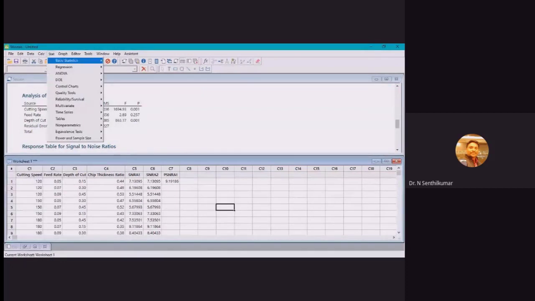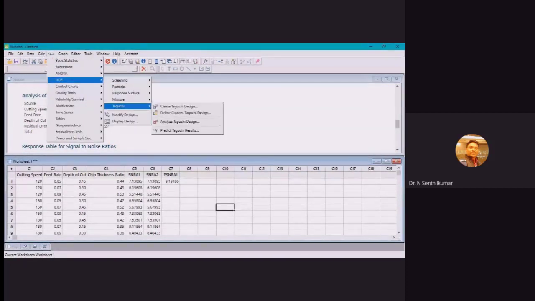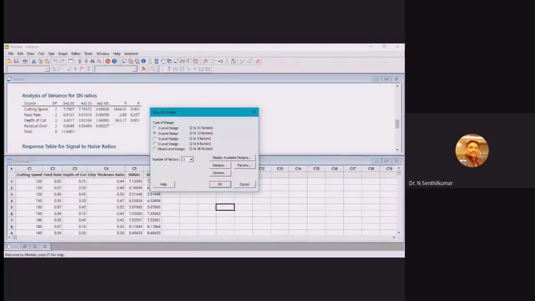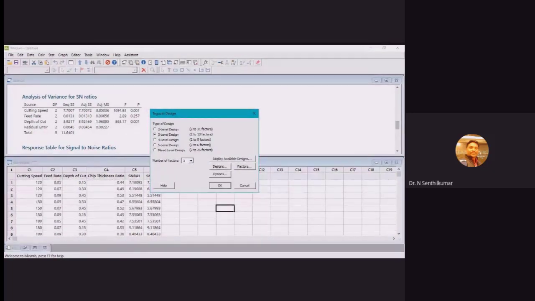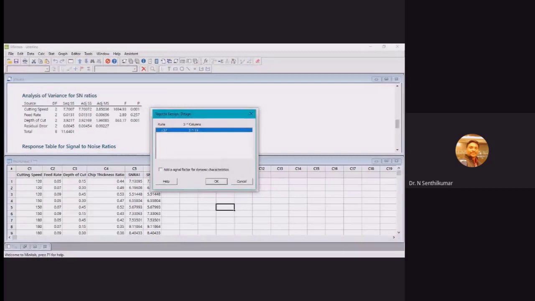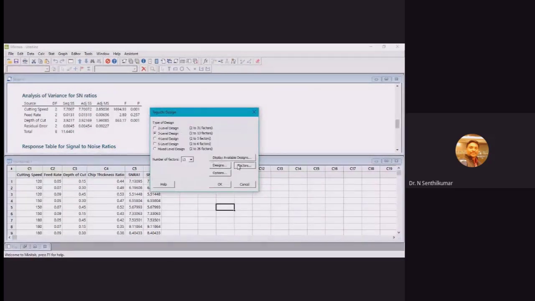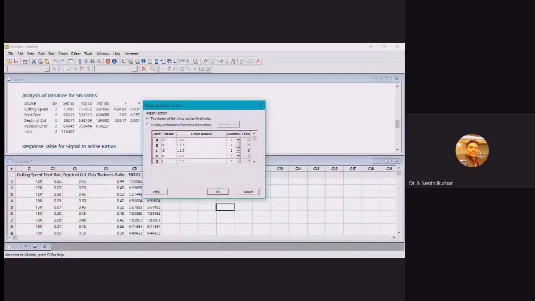Then start DOE, Taguchi, create. Now I am going with the same 3 level, but I am going to select all the 13 values. So my design is L27. Factors: here I am going to give random values. Cutting speed 120, 150, 180.